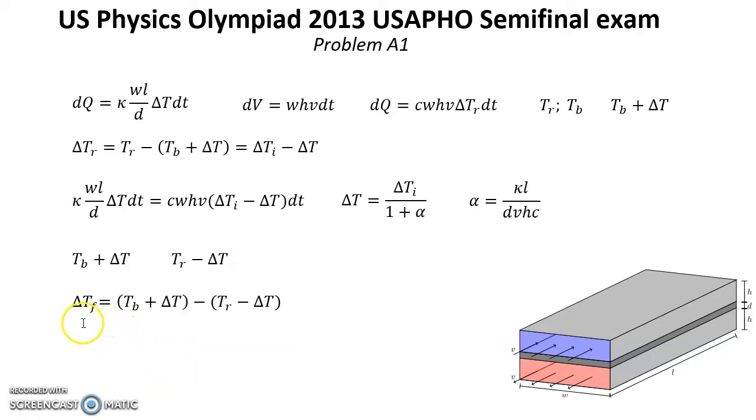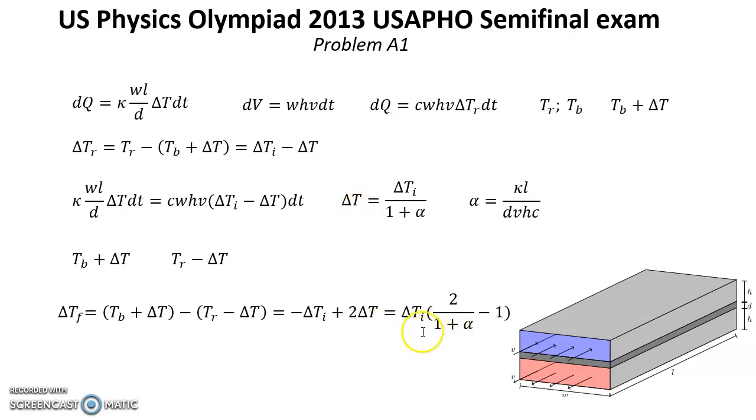So we have delta T final equal to this one minus this one. So we have this expression, which is negative delta Ti plus 2 delta T, where delta T we already found. So finally we got this answer where alpha is this coefficient.